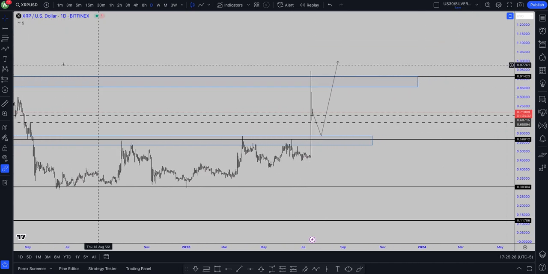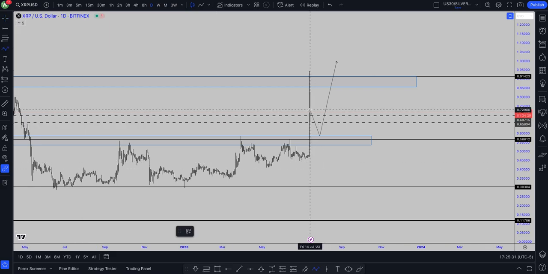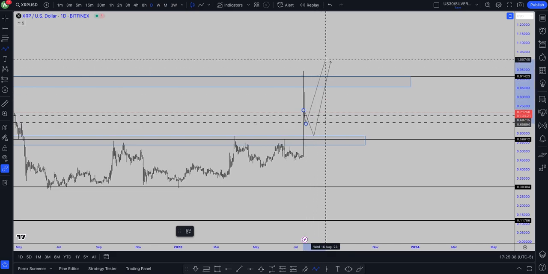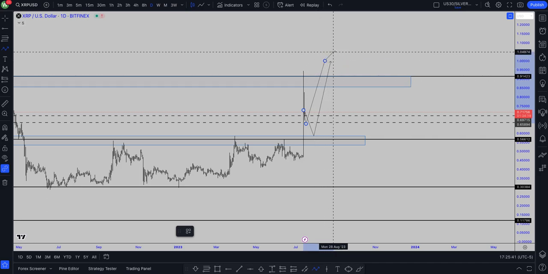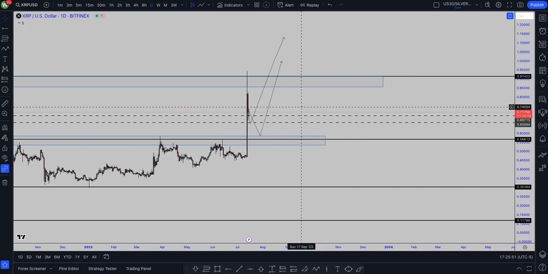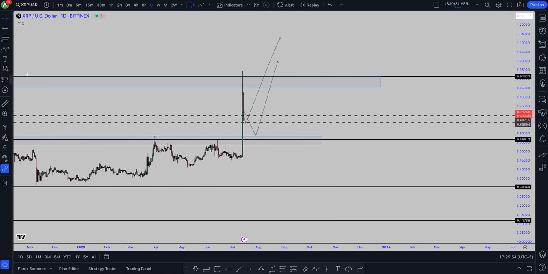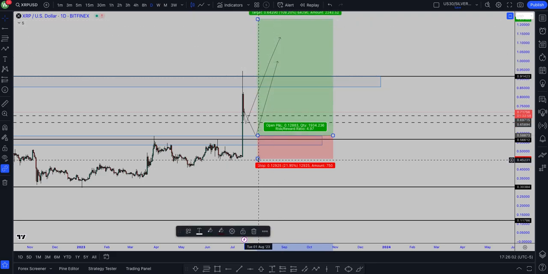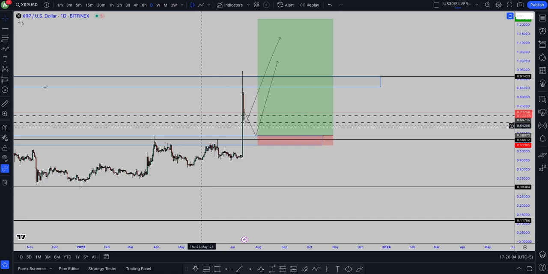If that doesn't happen, then the faster method might be the market might just come here deep into the zone, something like this, and then accelerate back up and break past this key level zone right here. And maybe potentially find the support here, then keep pushing, but this is what I think might happen. So one of the two can happen here. Might see the market come here for a long position, back all the way up, stop loss below the zone.